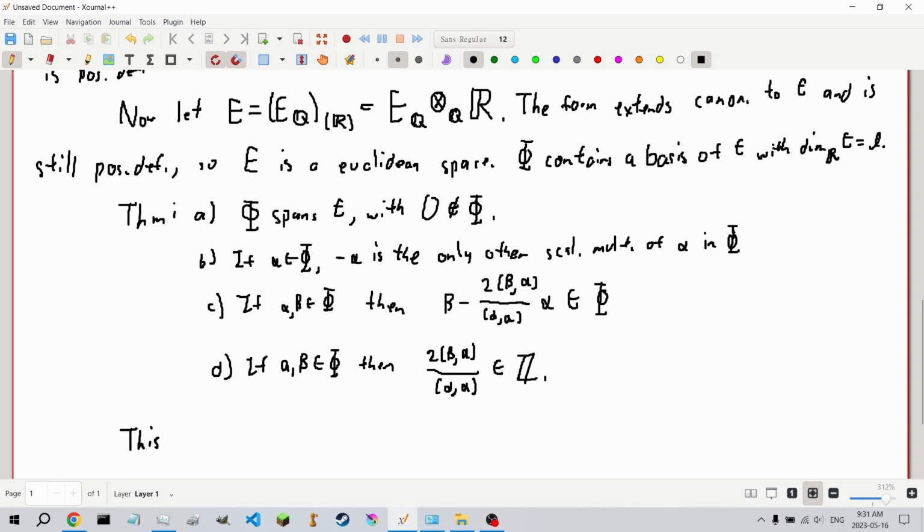So this asserts that our phi is a root system, which is a technical term that we haven't actually defined yet.